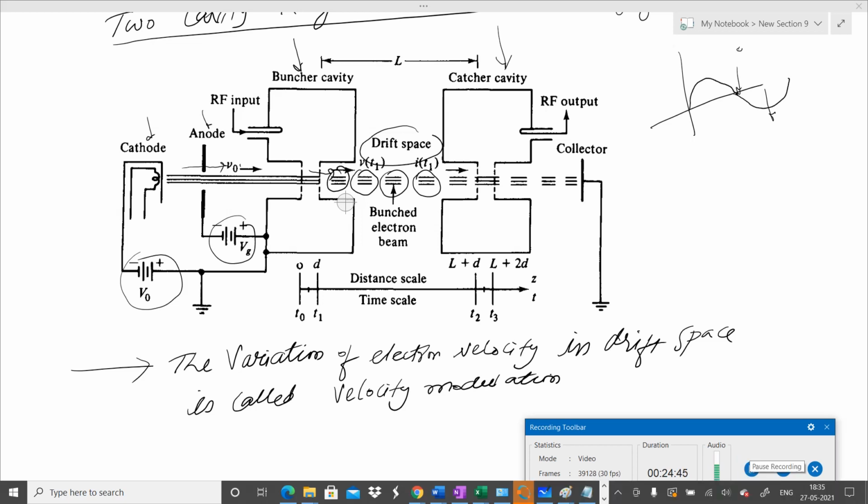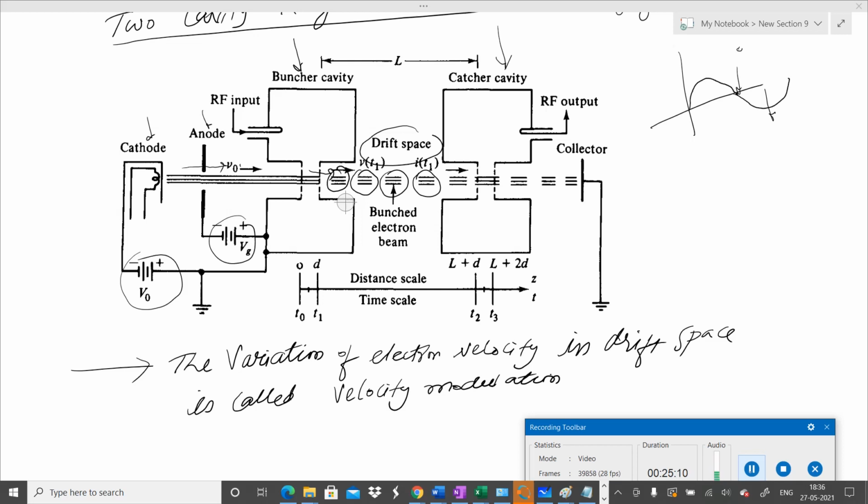Now, what is the work of the second, catcher cavity? We will do the analysis in detail and derive the required equations in the next class. Right now, the catcher cavity is again a resonant cavity, operating in such a way that it will decelerate the electrons.